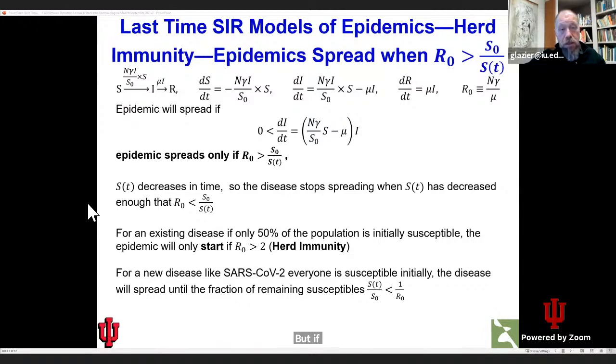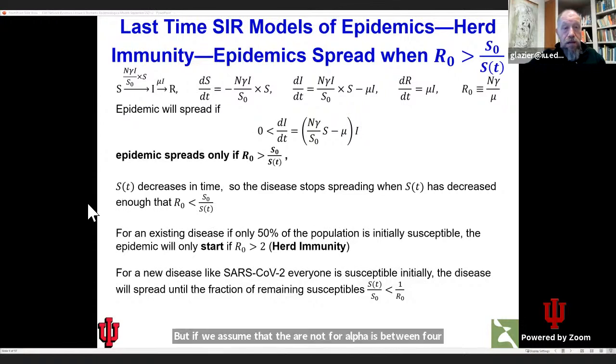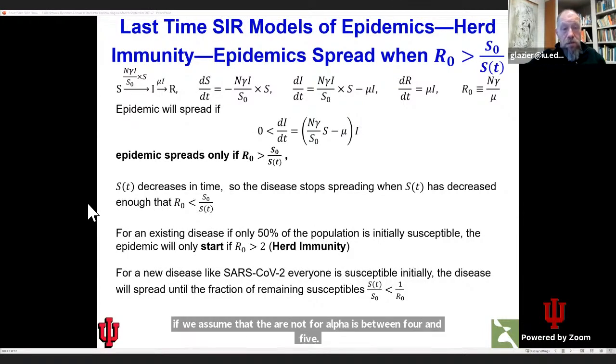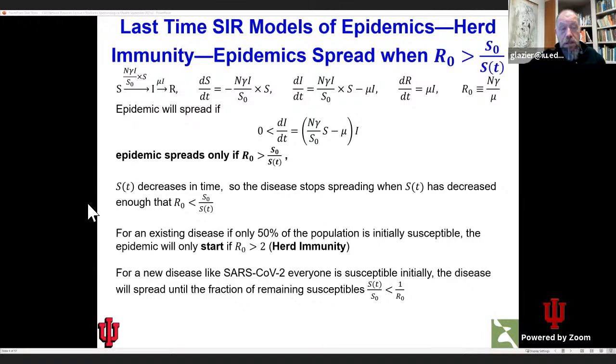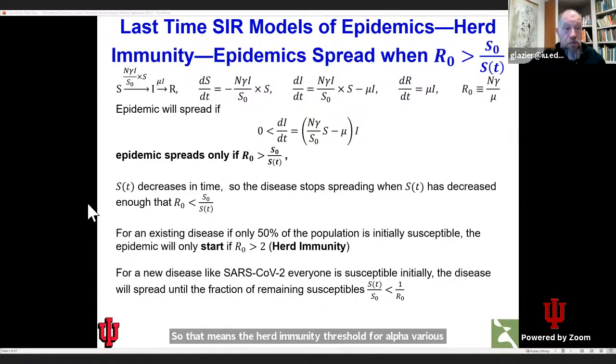But if we assume that the R naught for alpha is between 4 and 5, then 1 minus 1 over 4 is 75%, and 1 over 5 is 0.2, so 80%. So that means the herd immunity threshold for the alpha variant was between 75 and 80%, which already means that a lot of people have to get sick if you don't have a vaccine.